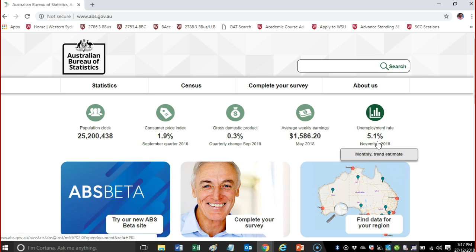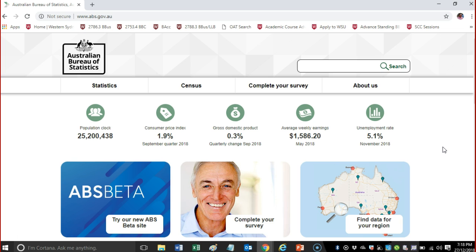Oh, looky look, there's the unemployment rate. So this is showing the unemployment rate for November 2018. By the time you answer your portfolio questionnaire, it might be different to that. The Australian Bureau of Statistics may have done its labour market survey and collected more data.